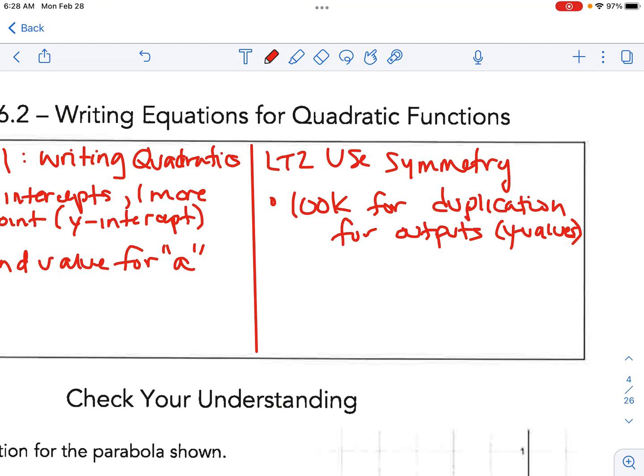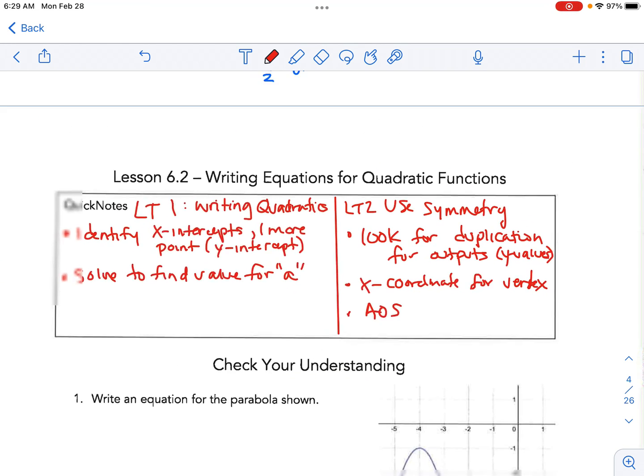And then that way, when you find the duplication, you can find the x coordinate for the vertex, and you can find the axis of symmetry. Right, you can identify those things.